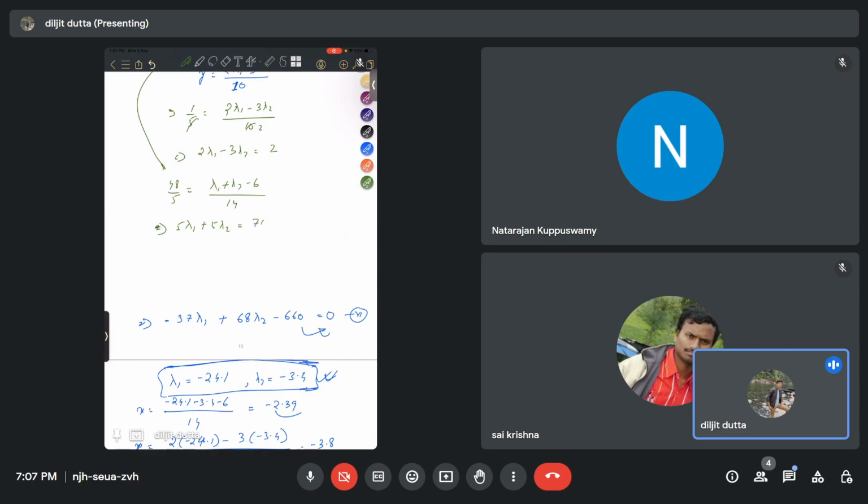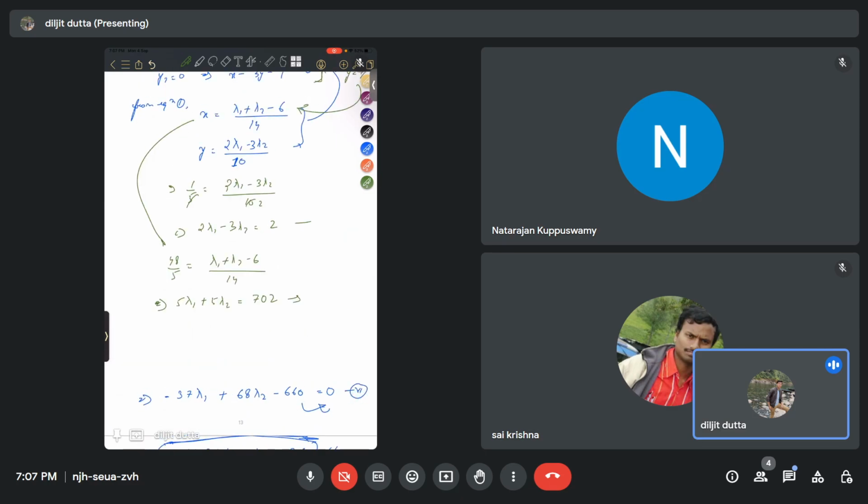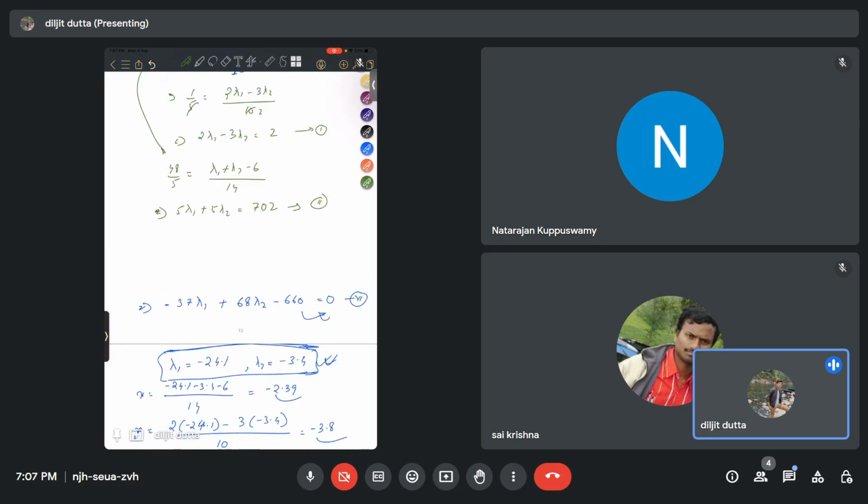This is equal to 702, right? 48 into 14 plus 5 into 630, it will be 702. So these are the two equations. Now we will get the solution for lambda 1 and lambda 2 from here.